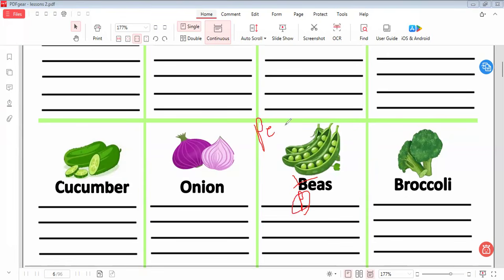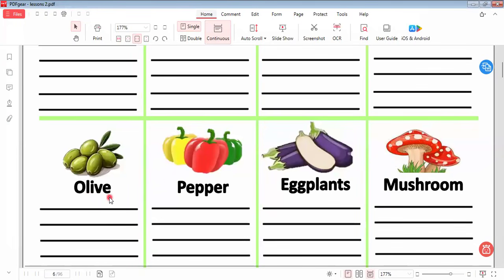I have a mistake here. Okay, you can write it as it is. Beans, broccoli. So here we have olive, pepper, eggplant, mushroom.